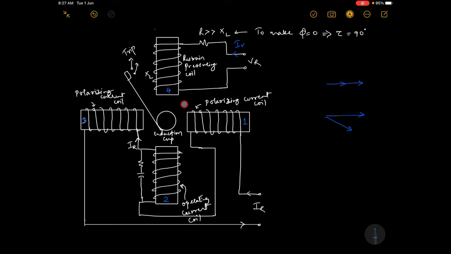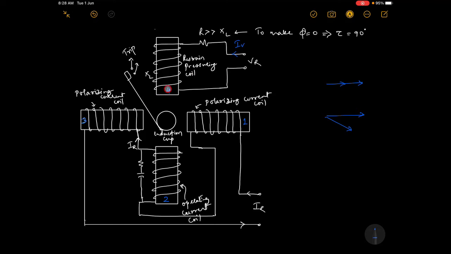Restraining force means it's an opposition. It is produced due to interaction of polarizing coils 1 and 3 with the restraining pressure coil, which is 4. So that is how you are producing the restraining force.